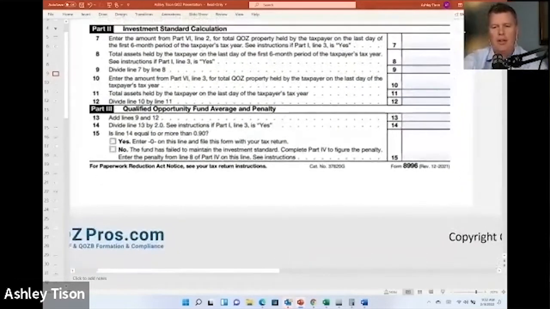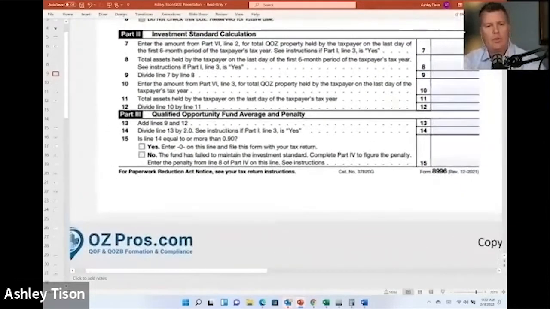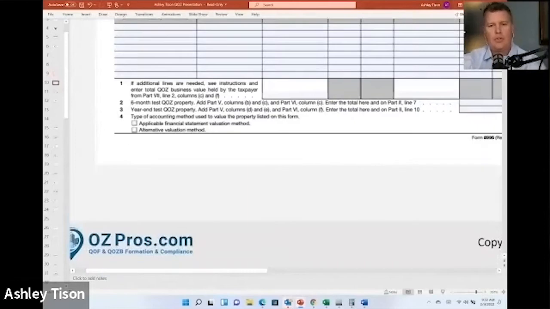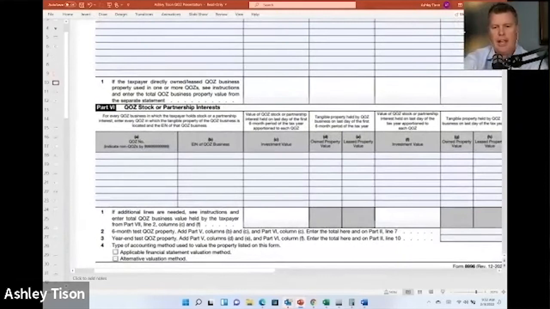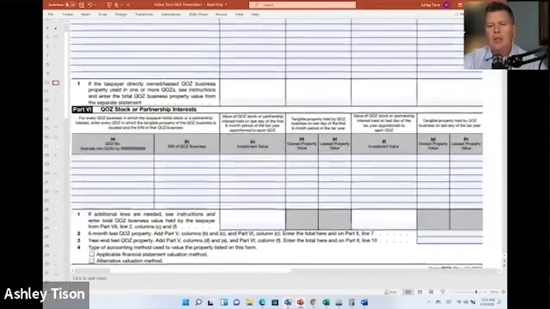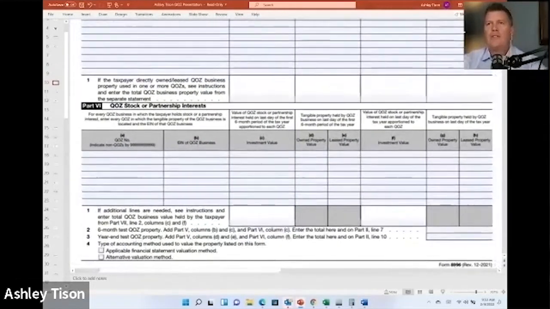So you go down here, and we're going to zoom in on part 6, right? This is actually line 2 right here on part 6, which is effectively page 4 of the 8996, where you're indicating what you've invested into.